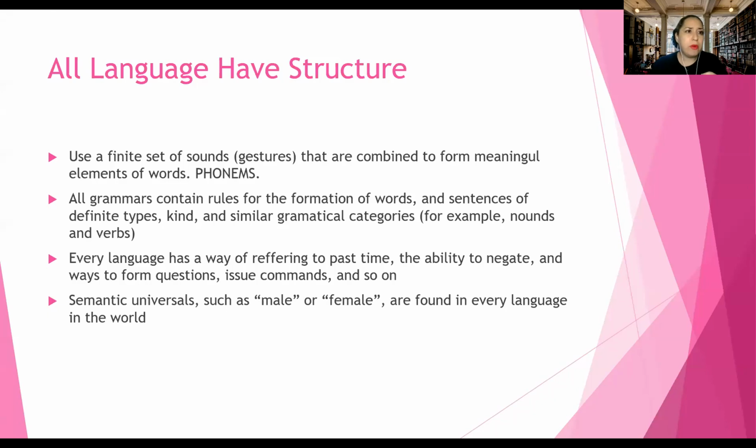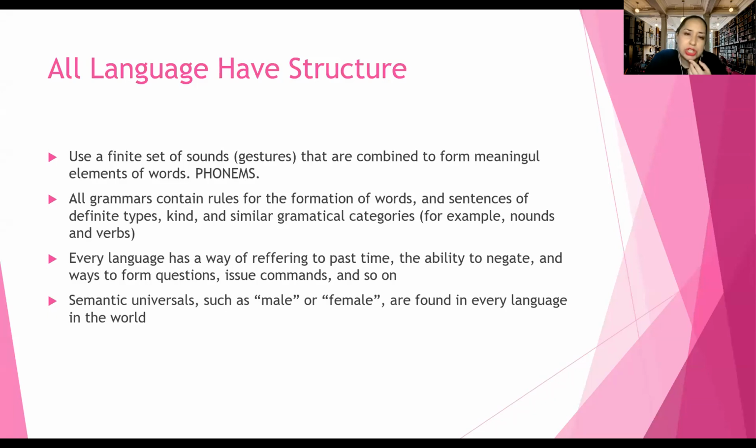When a language has a structure, we use a finite set of sounds, which are gestures that are combined to form meaningful elements of words. Phonemes, and that's what we're going to talk about today. Well, we're actually talking about them right now. All grammars contain rules for the formation of words and sentences of definite types, kinds and similar grammatical categories, for example, nouns and verbs.